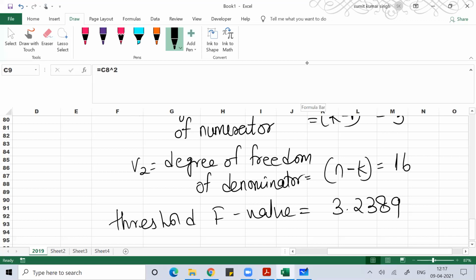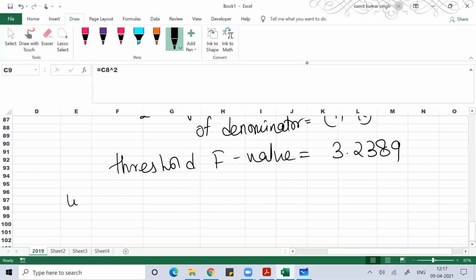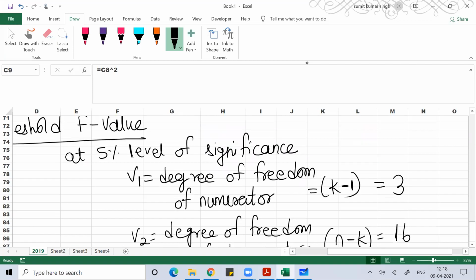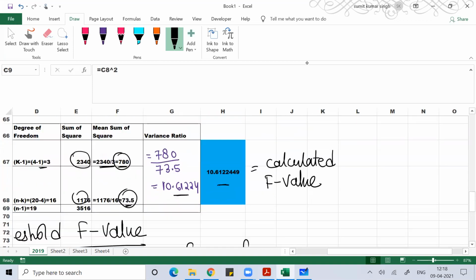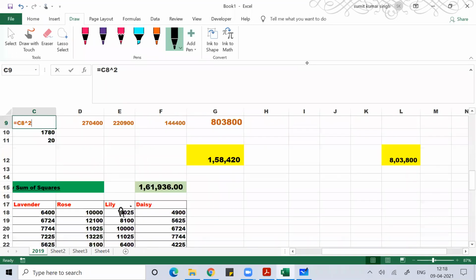So the threshold value is 3.2389, while the calculated F value, how much did you get? The calculated F value you got is 10.61.